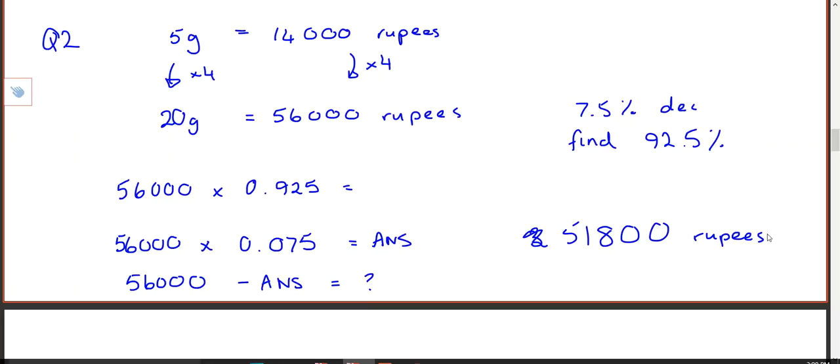So you've got the 2 aspects to that. You've got the noticing I don't have 5, I've got 20, and you've got the applying a decrease. So I guess, if I were to say why I think a lot of you got that wrong, it was not reading the question thoroughly and really having a good idea in your head of what it is you're actually doing and trying to solve.